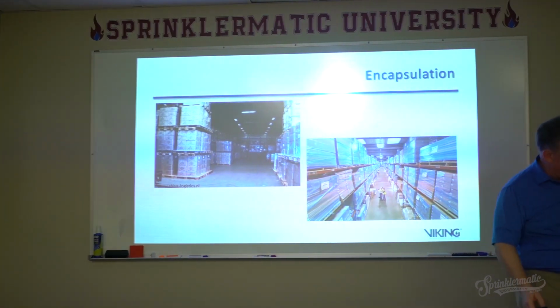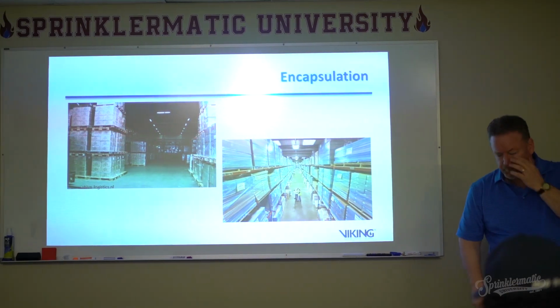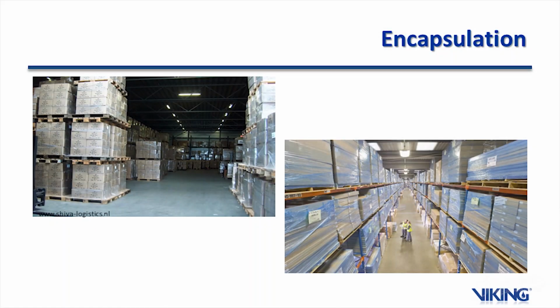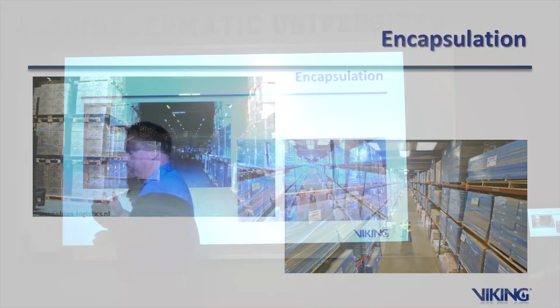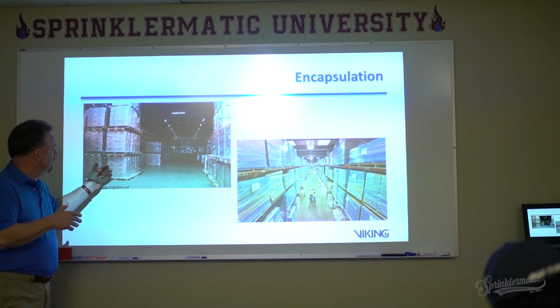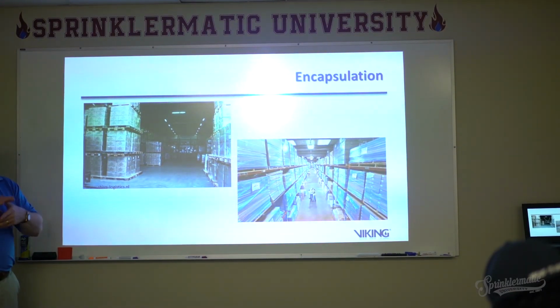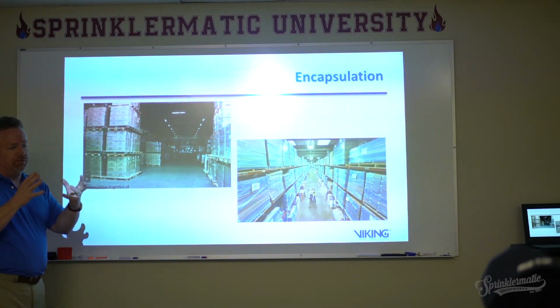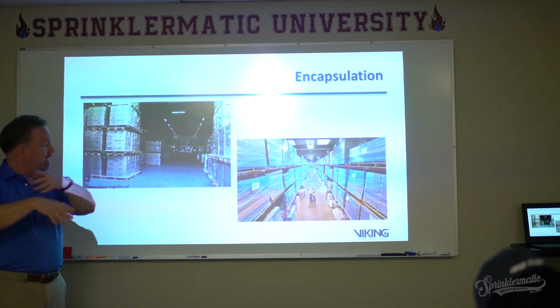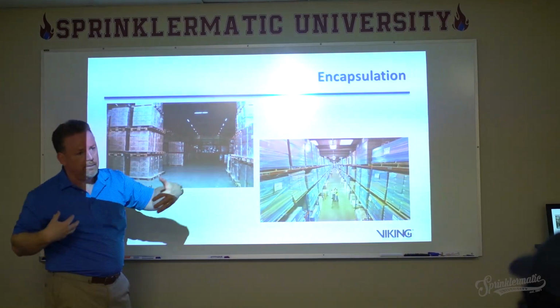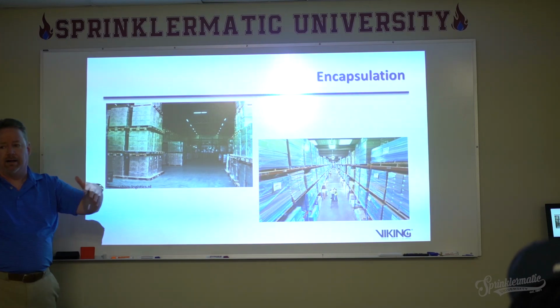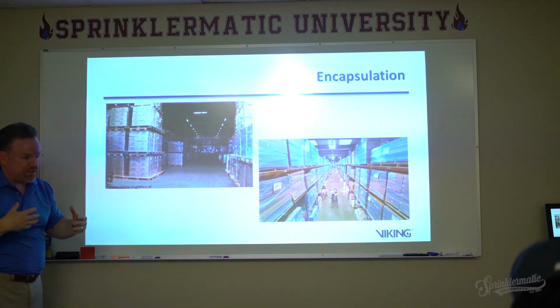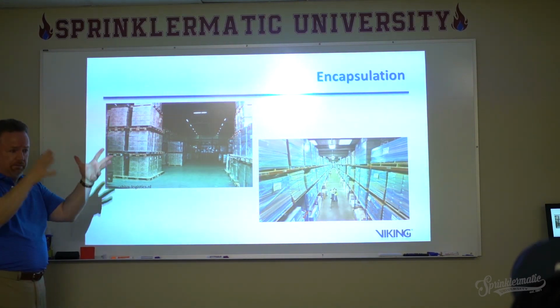Now, so does encapsulation. The designer will run into situations where they need to determine whether or not the commodity is going to be encapsulated. All right? Encapsulation involves wrapping that entire pallet load up on 5 of the 6 sides, basically top and bottom, all the way around.